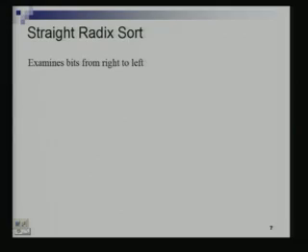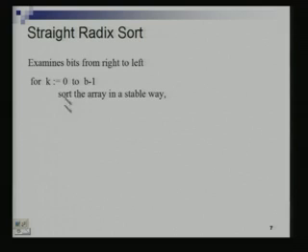Great. So, we will continue. This is another version of radix sort, straight radix sort. We are going to examine the bits once again, now from right to left, not from left to right. So, k equals 0 corresponds to the rightmost bit, the least significant bit.